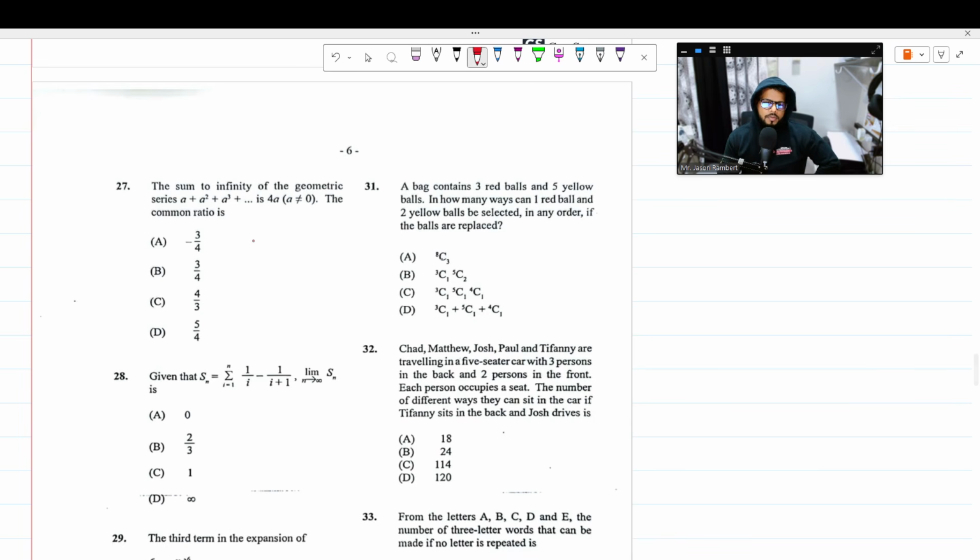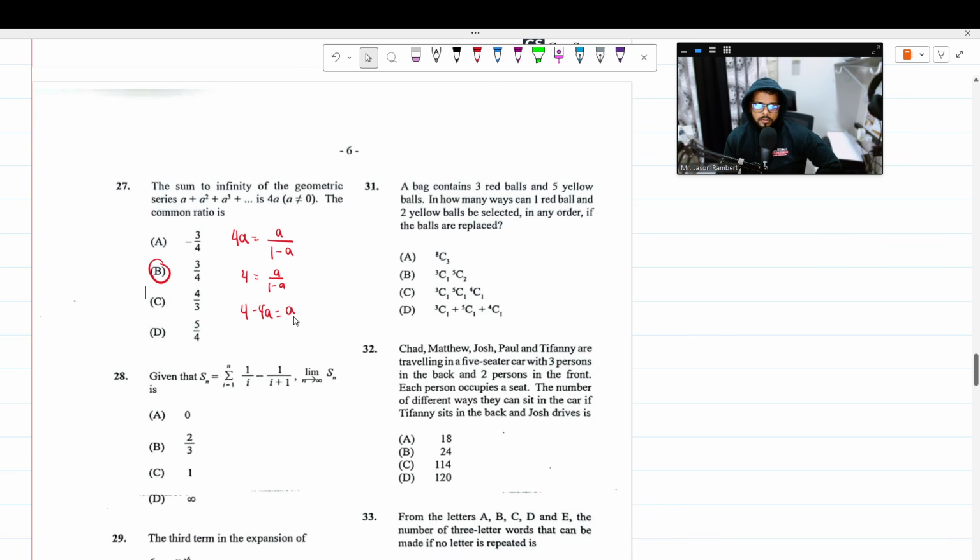Again, this is a repeat question. I don't know if it's 3/4 or 4/3, so let's do it over. 4a is equal to a over 1 minus a. Divide both sides by a. I'll get 4 is equal to 1 over 1 minus a. 4 minus 4a is equal to 1. I'll have to divide by 4, so the answer is going to be 3/4.